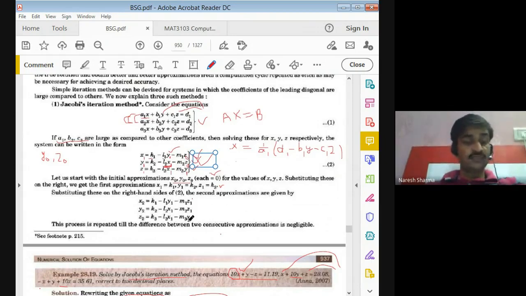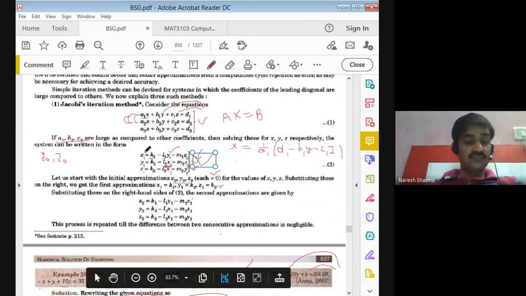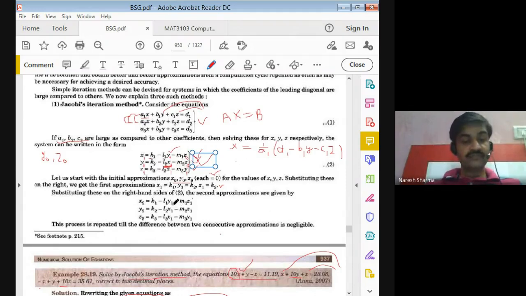So for the next approximation x2, as x1, y1, z1 are available to us, for the second iteration we can put on the right side x1 and z1. But for y2, as x2 is already calculated, we put here x2 instead of x1. Similarly, in z, we put here your x2 and y2.